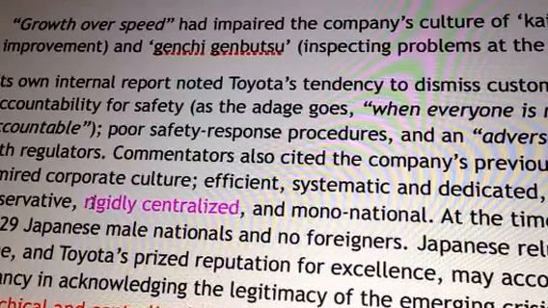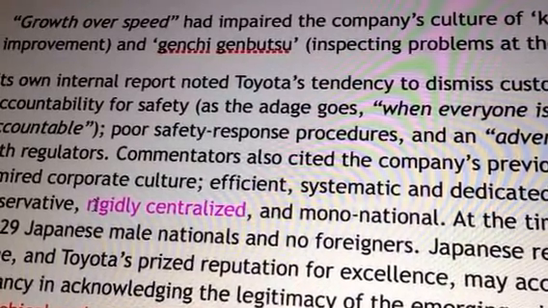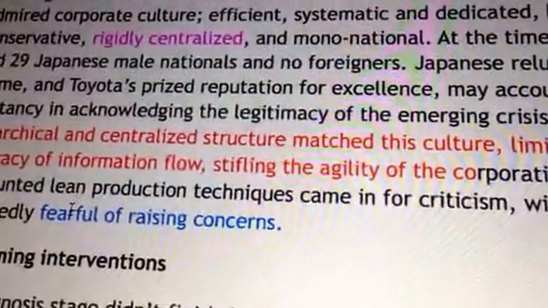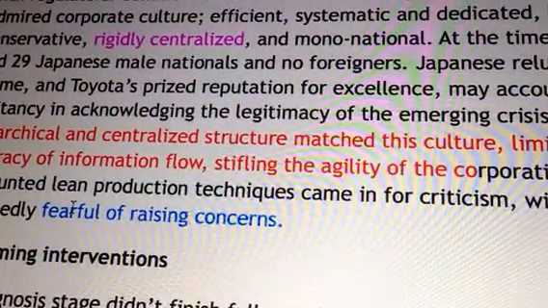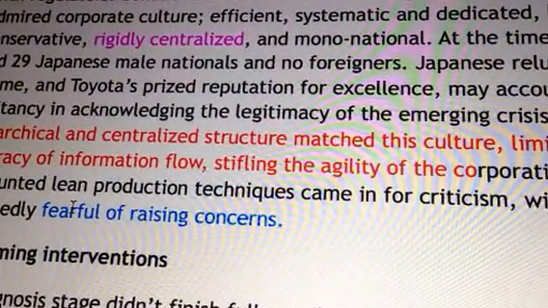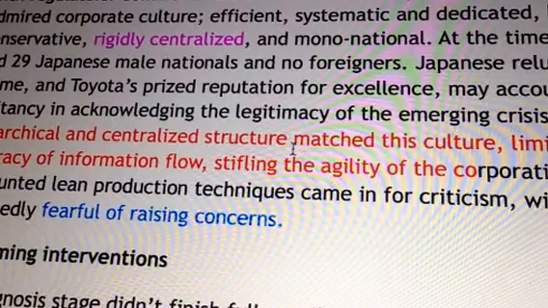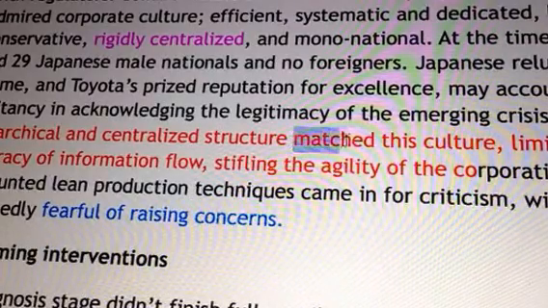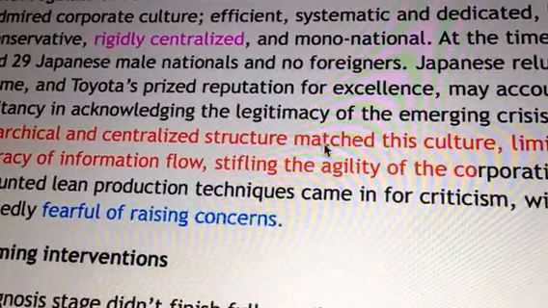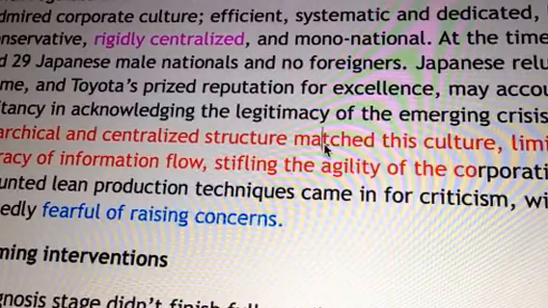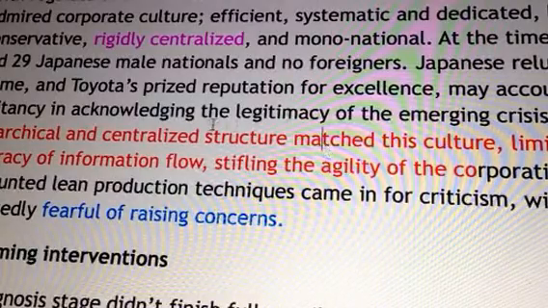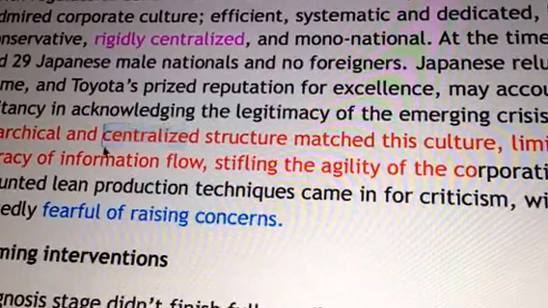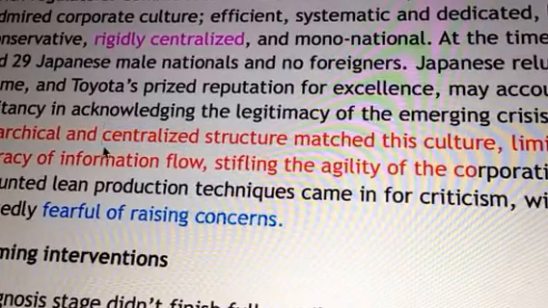This is answering the other question. And here it is: hierarchical and centralized structure matched this culture. Hierarchical and centralized structure is a problem. This is mainly the structure of Toyota.